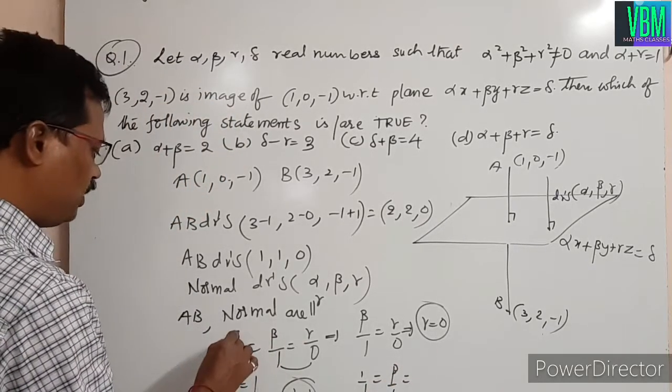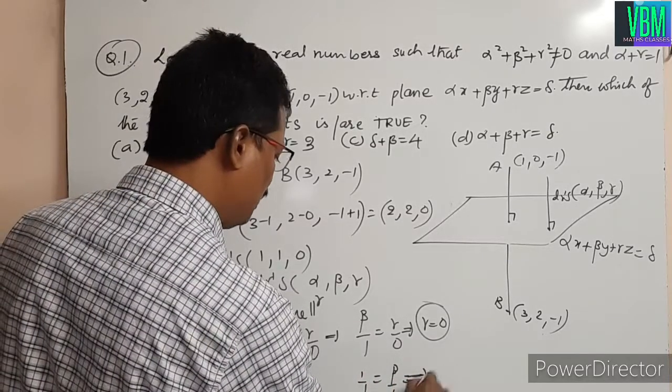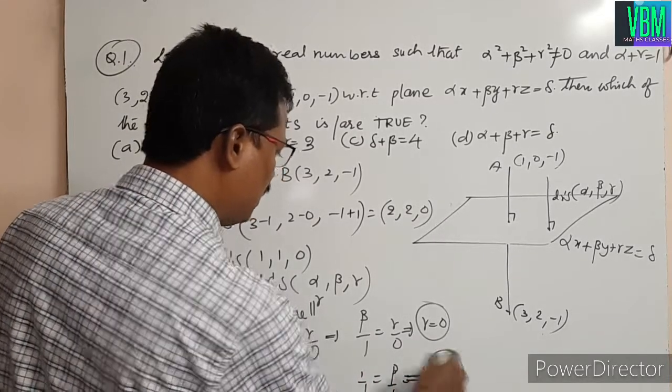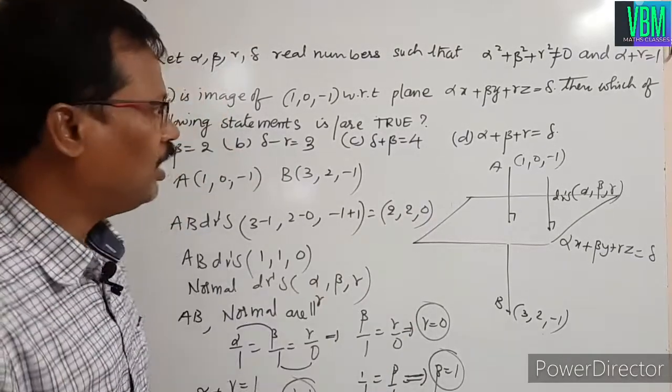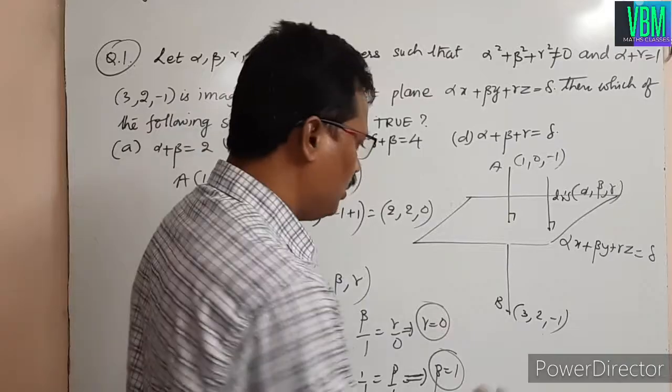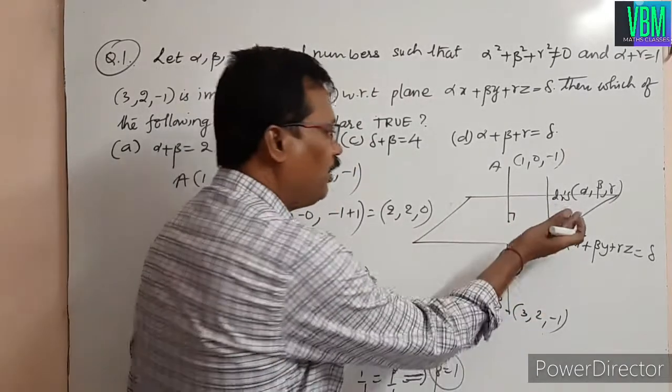If I take these two equal, we get that beta is also 1. Now we got alpha 1, beta 1, gamma 0. Then how do we get the delta?